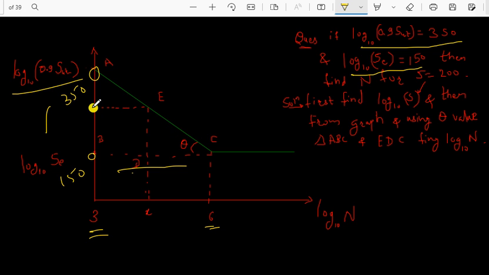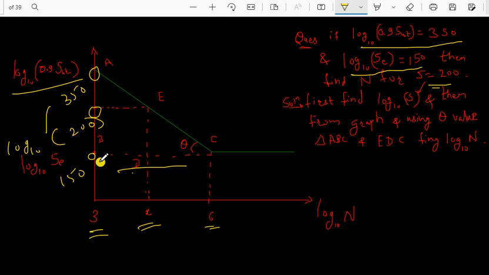Now it is given that at this stress value, let us say this is 200, the log base 10 of the stress 200 comes here. I will write log base 10 of this 200. Find the number of life cycles it will give before the fatigue failure.